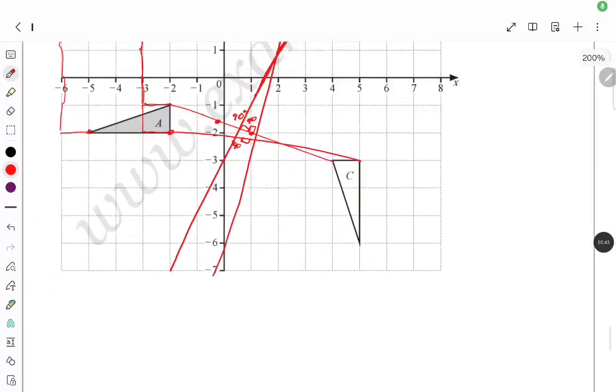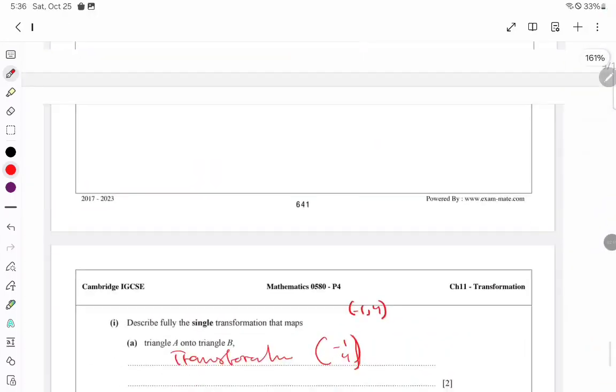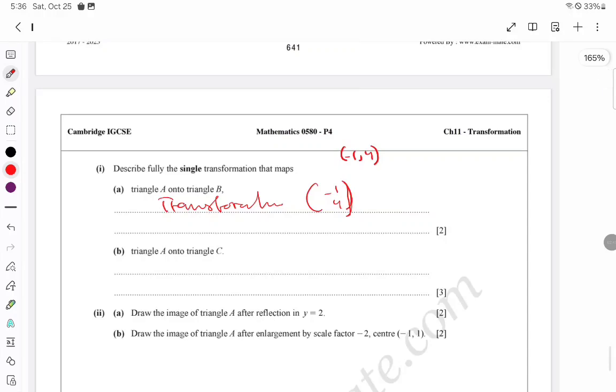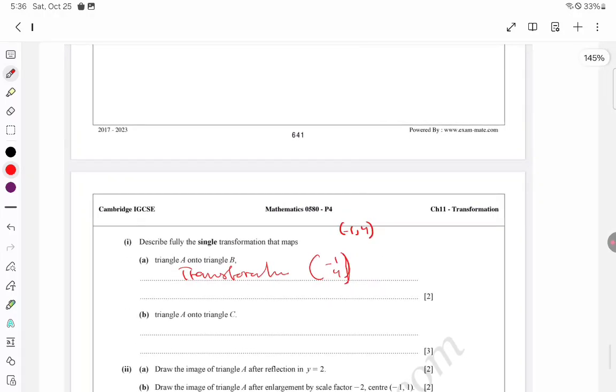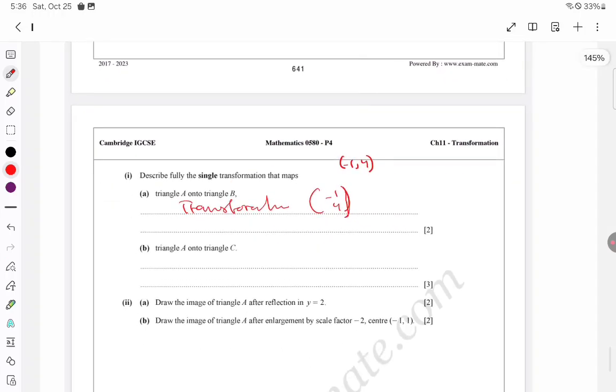Now for the second part, it says triangle A onto triangle C. For that, we calculated the center already.